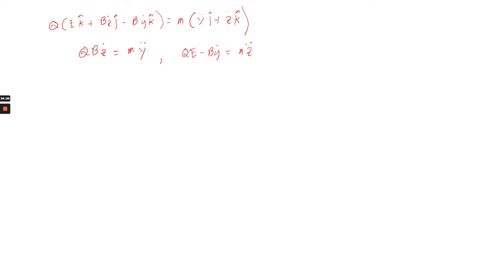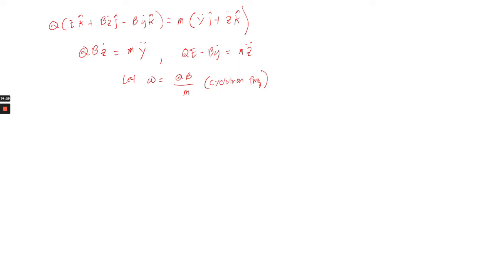Okay? So for convenience, we will let omega be equal to qB over m. Okay? This is defined as the cyclotron frequency. So if you substitute it, you can simplify the two equations.